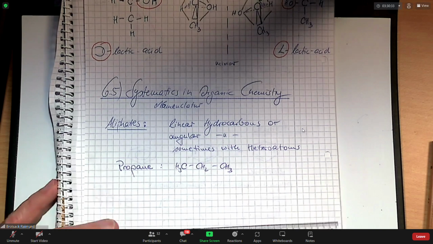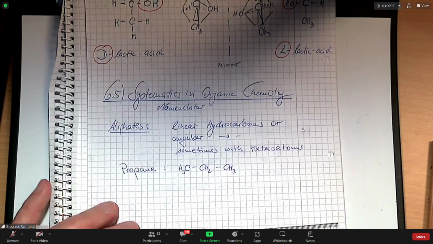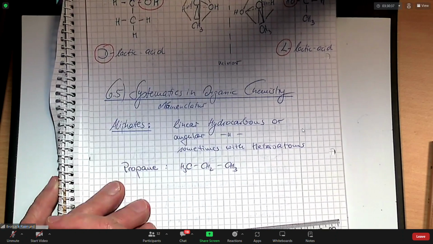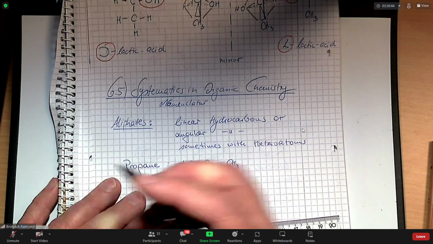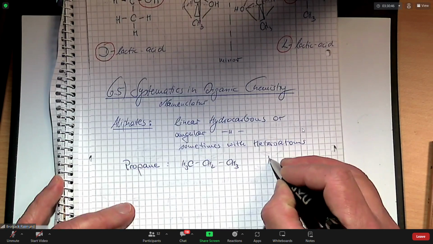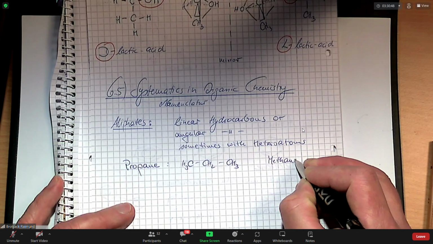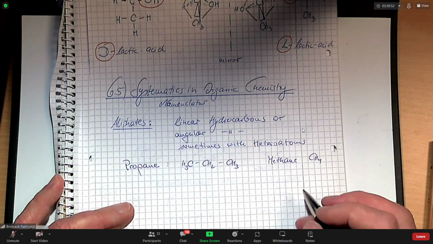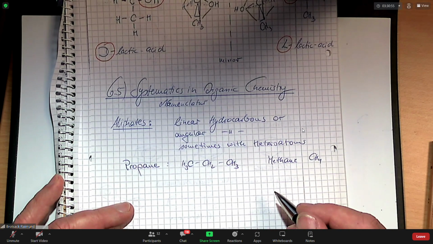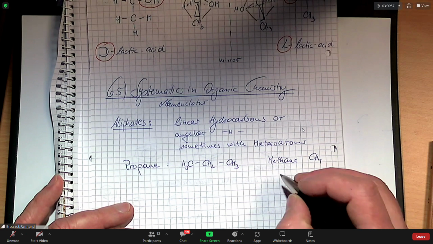If we talk about the aliphates, the first one we know, the smallest one, what's the name of it? Pure hydrocarbon, only one carbon atom, methane. That's CH4. The second one, two C atoms, only ethane.